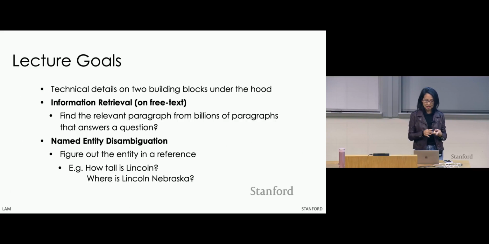The second one is entity disambiguation. If I have to understand you, I have to know what you are saying. Suppose I take something like Lincoln. If I say, how tall is Lincoln, what am I referring to? Obviously, it's a person, and that is Abraham Lincoln. But if I say, where's Lincoln, Nebraska?